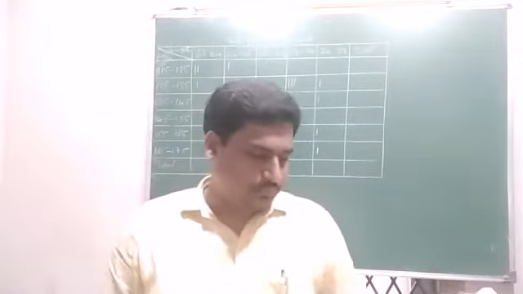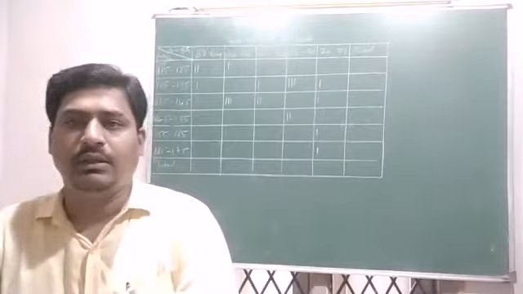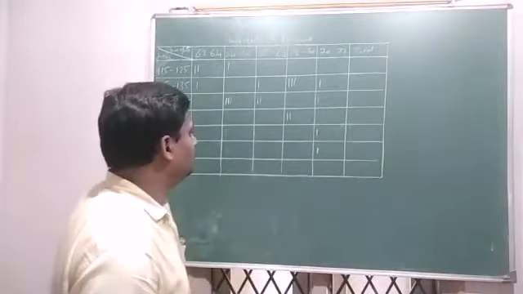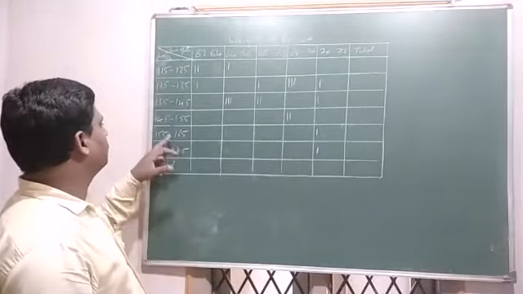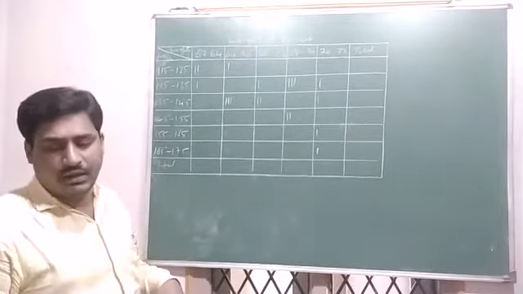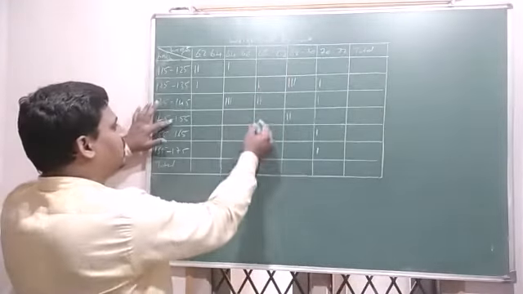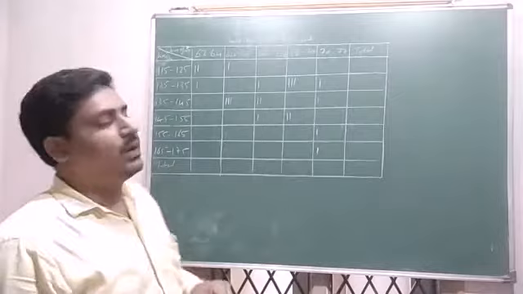Last observation is 152 centimeter and 67 kg. So 152, it lies here 145 to 155, and 67 kg, it lies in 66 to 68. So here is the last marking.